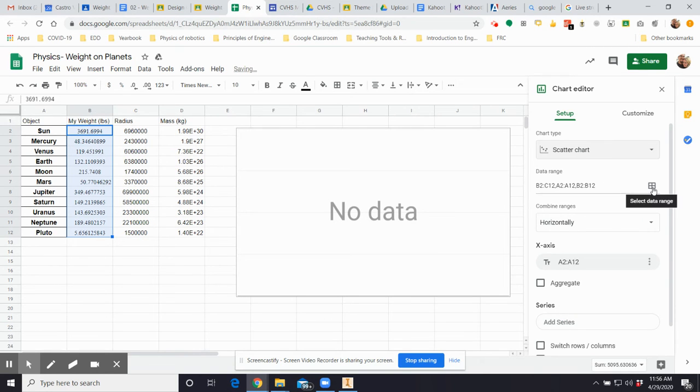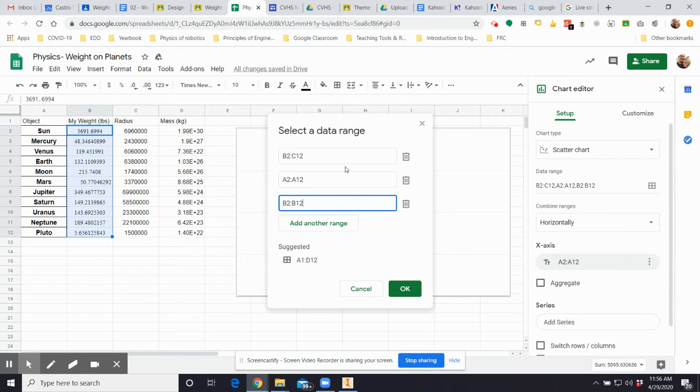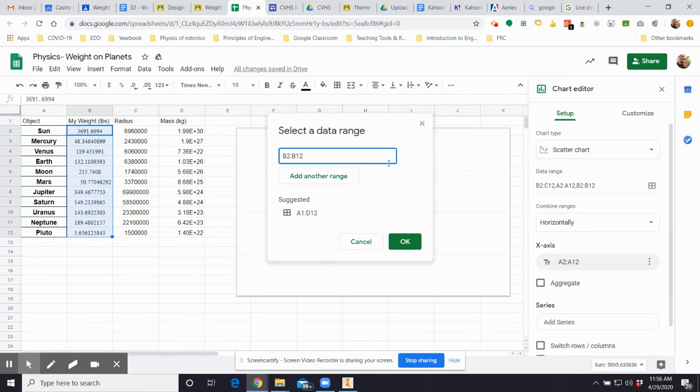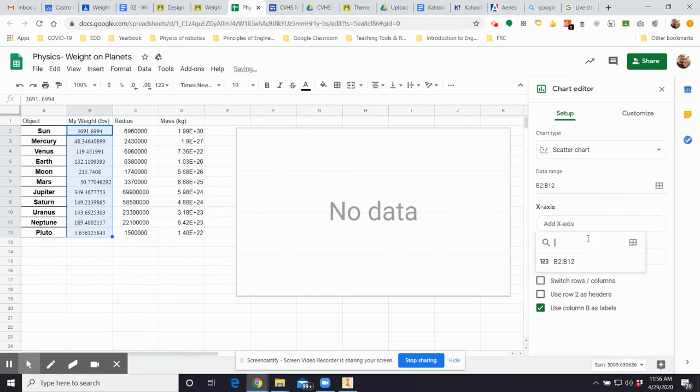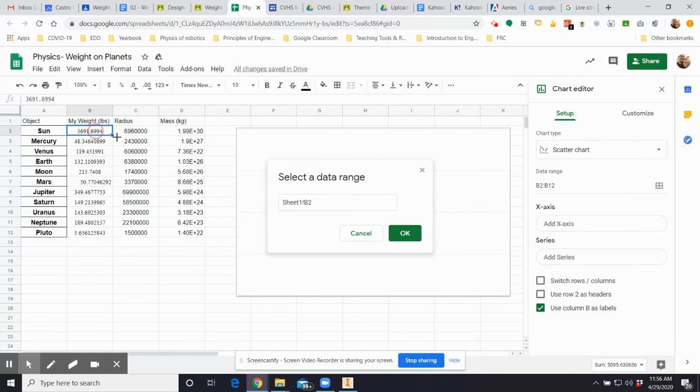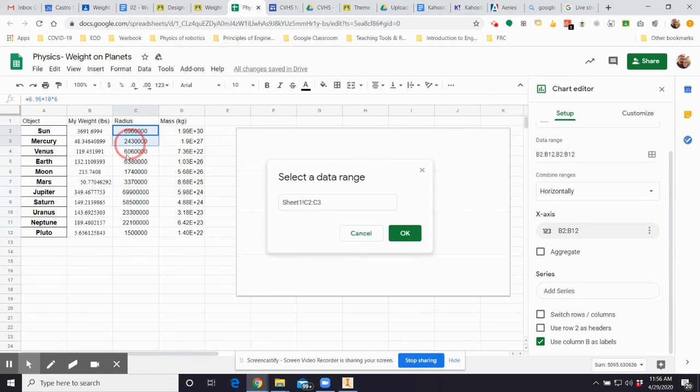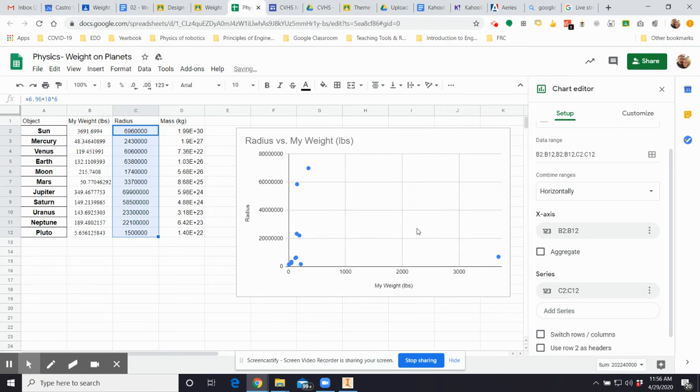So scatter plot, so our data range is going to be, and then our radius would be on the y-axis. So this would be radius versus weight.